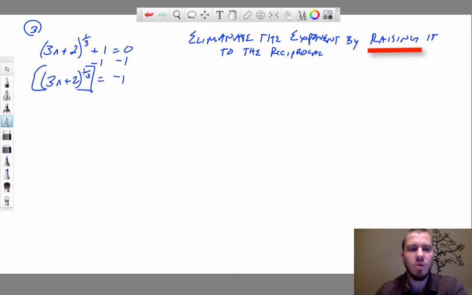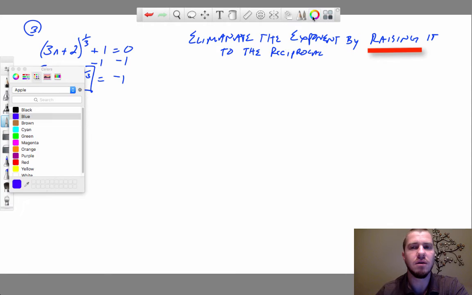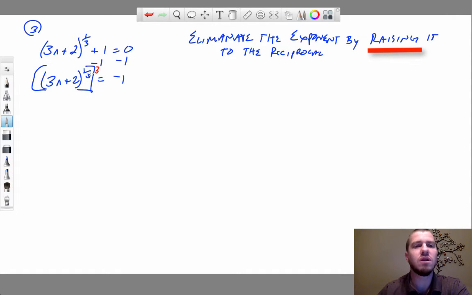So when I raise it to the reciprocal, I'm going to be raising this one to 3/1, which is just 3. But whatever I do to the left side, I also need to do to the right side. And what happens is I'm going to be multiplying these two exponents, and when I multiply reciprocals, it's always going to equal 1. This becomes 3/3, which is 1. So it basically cancels each other out.